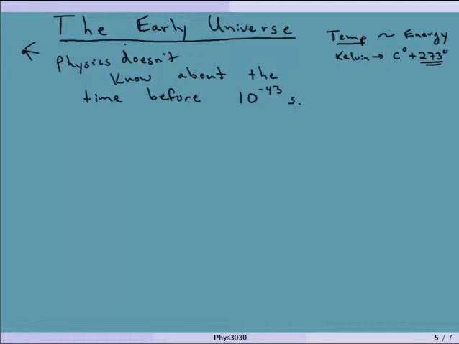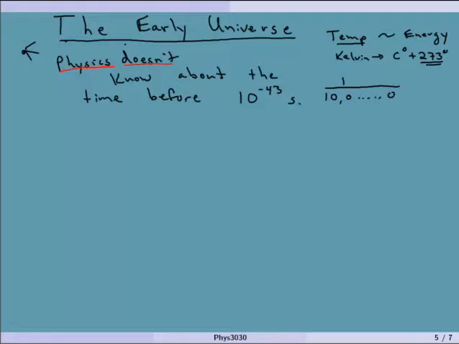Put this in your mind: this is 1 over 10 with 43 zeros behind it, of a second. Which is not very much time, but I can honestly say that we just don't know what's going on there.